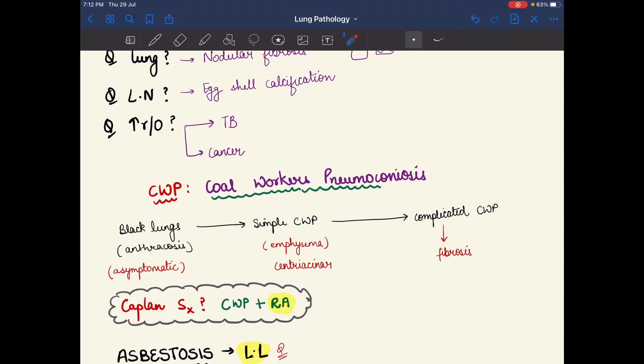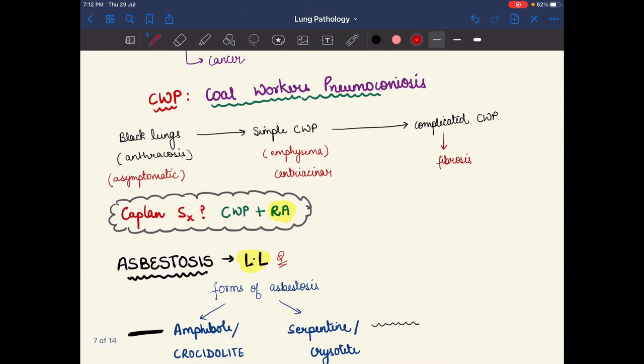After black lungs, simple CWP will occur. In simple CWP, emphysema or centriacinar involvement is there. After simple coal worker pneumoconiosis, there is complicated coal worker pneumoconiosis, which shows fibrosis. So complicated shows fibrosis, simple shows emphysema of the centriacinar type, and black lungs are asymptomatic.